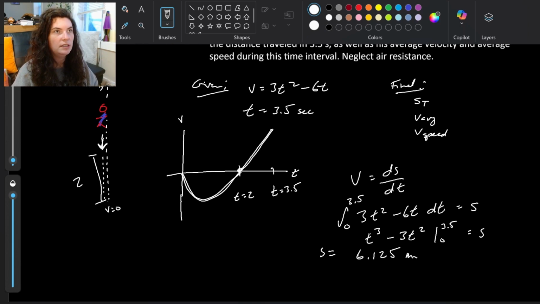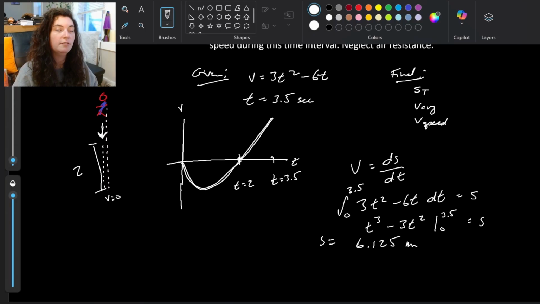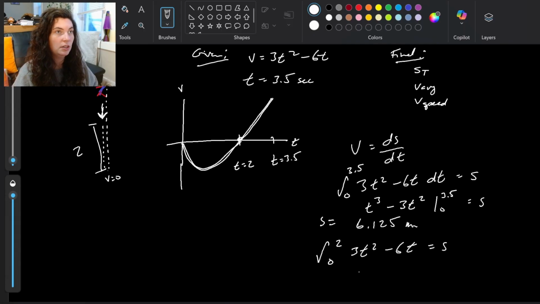If I look at this integral that we just did for our position, we can find the position at 2 seconds. Right? If I plug in t equals 2 instead and make my integral from 0 to 2 for 3t squared minus 6t to get the position, I get that my position is t cubed minus 3t squared.